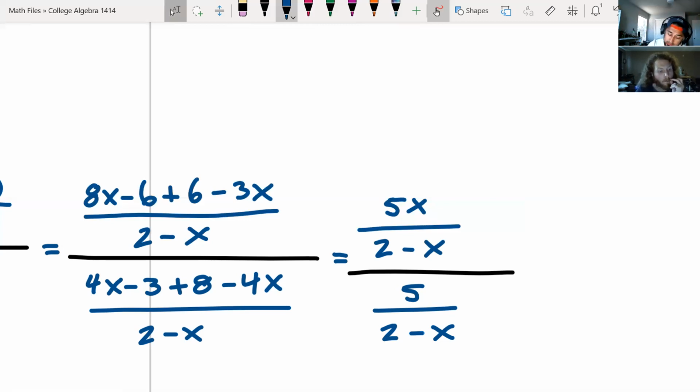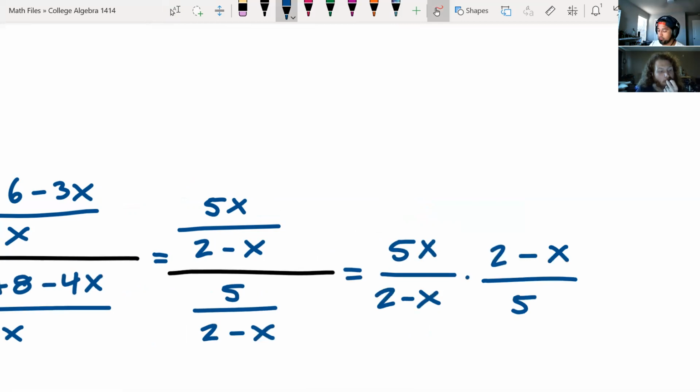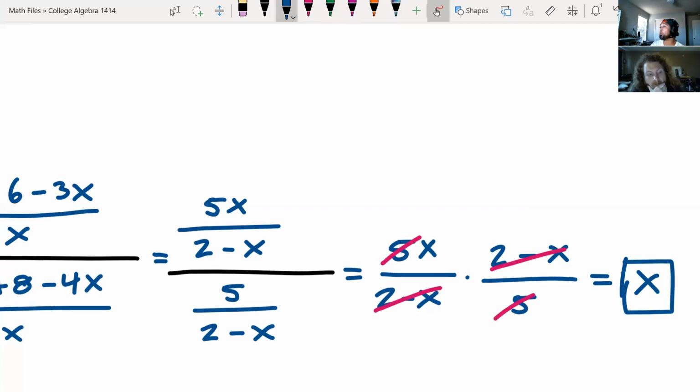So now we multiply by the reciprocal: 5x over 2 minus x times 2 minus x over 5. And what's going to cancel? The 2 minus x, and the 5s. And what are we left with? x. So does this prove that they are inverses of each other?